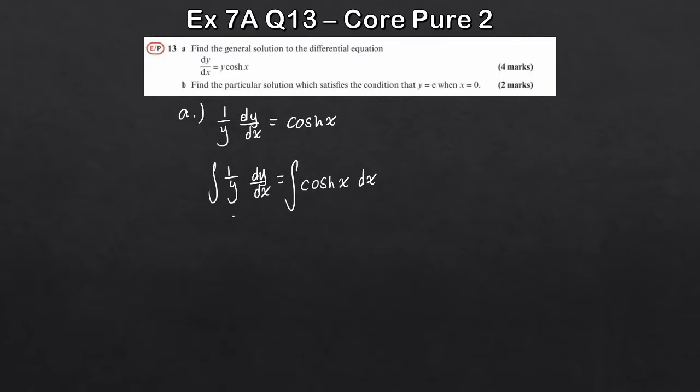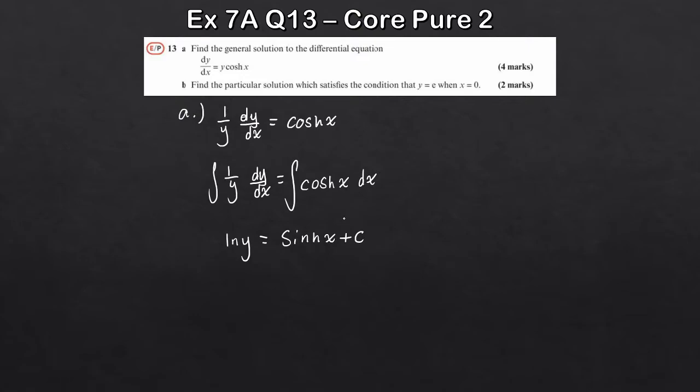The integral of the left hand side will just be ln y, and the integral of cos x will simply be hyperbolic sine of x, but don't forget your plus c because we have a general solution.